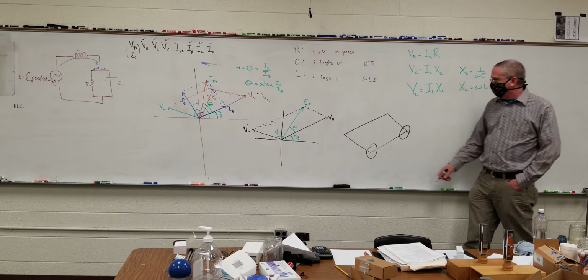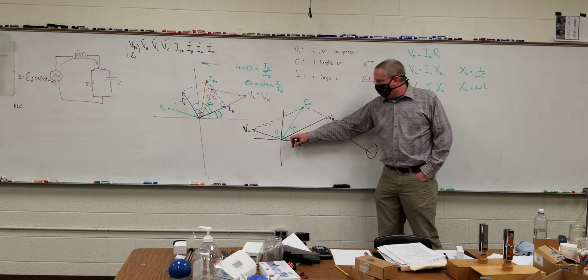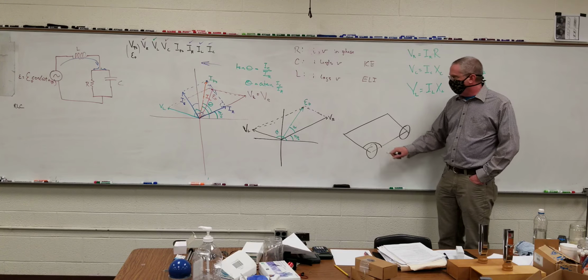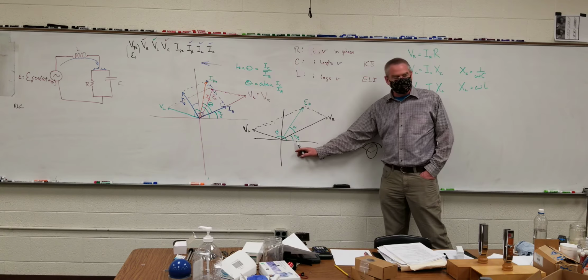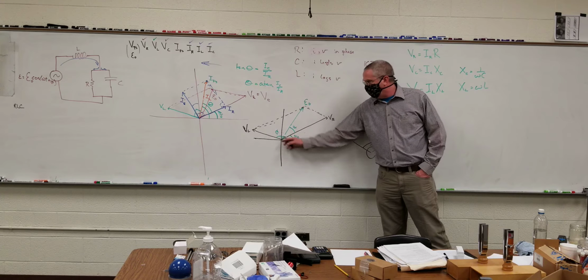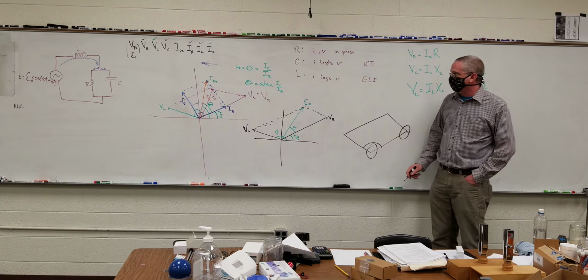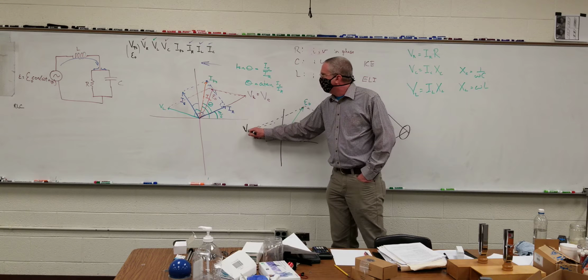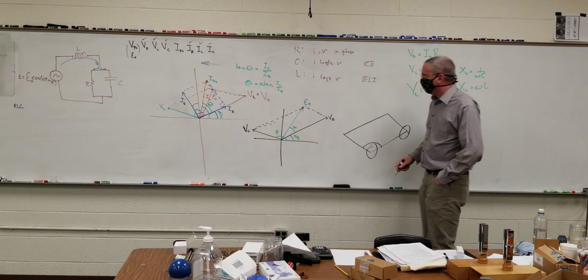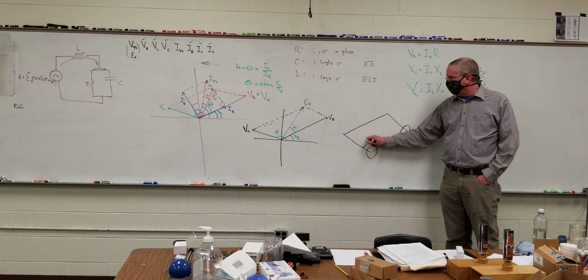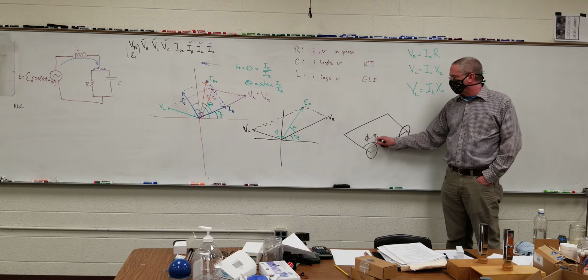Right. So I know that this angle down here is just phi minus pi over 6. Because phi goes all the way to here, pi over 6 goes to here, and I want to know what's in between my VL and VR, or VC. No, VL, I was right, VL and VR. So this is going to be phi minus pi over 6.